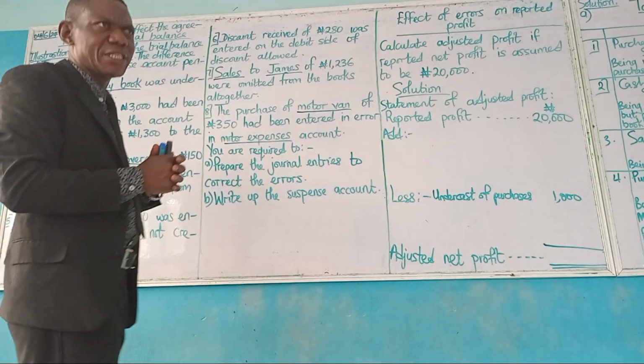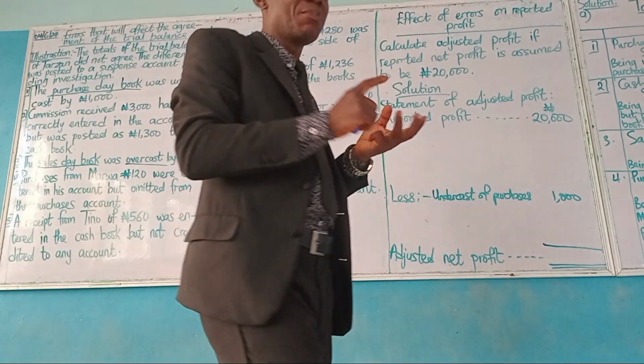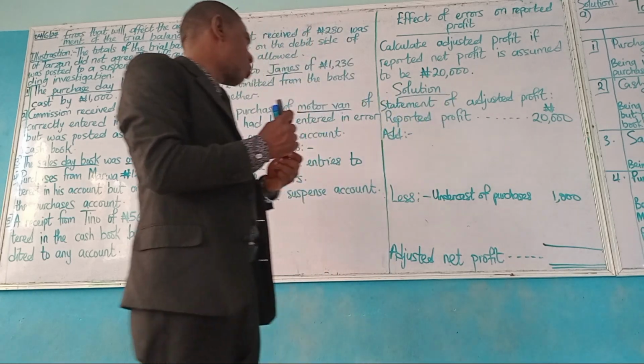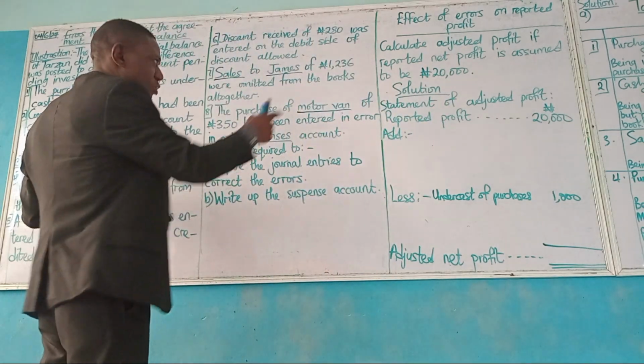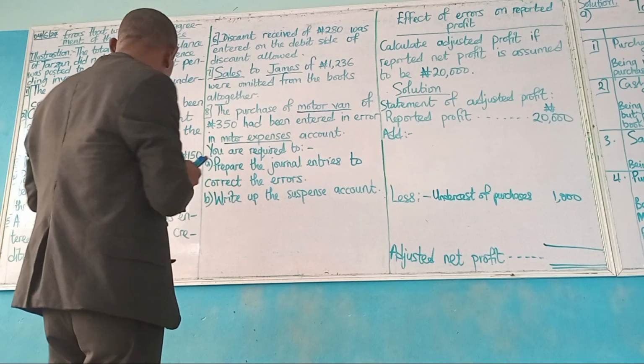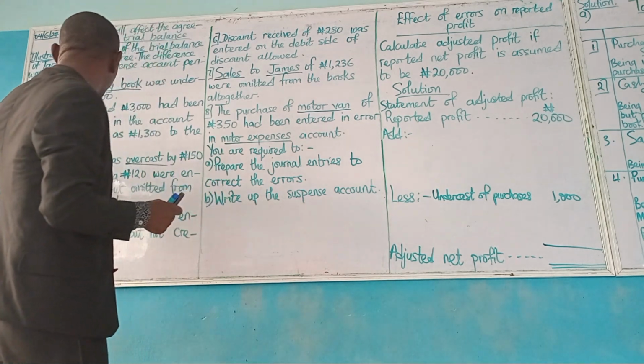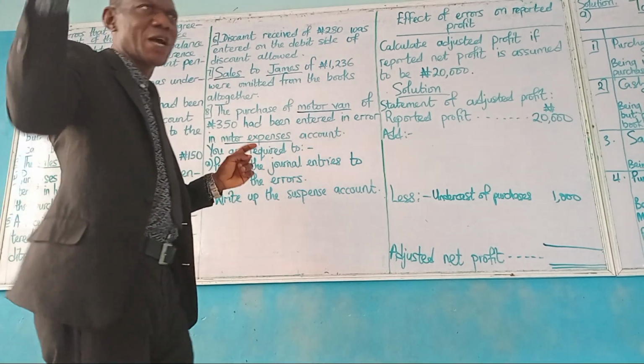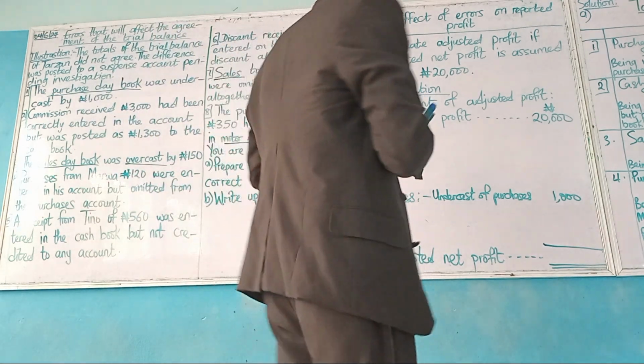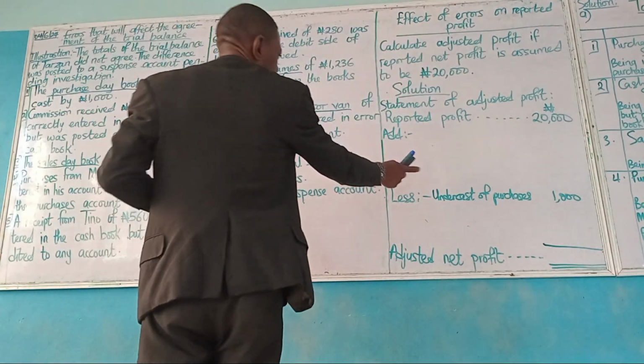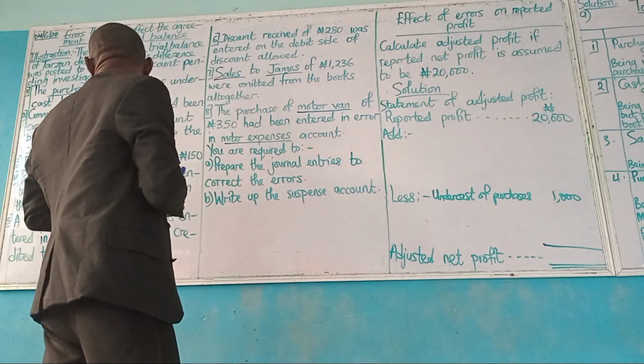This error is not affecting the trading account or the profit or loss account, so it's not going to have an effect on the reported profit. It's only affecting the cash book, and the cash book is going to appear in the balance sheet. So we are not going to use number 2 here. Let's look at number 3.